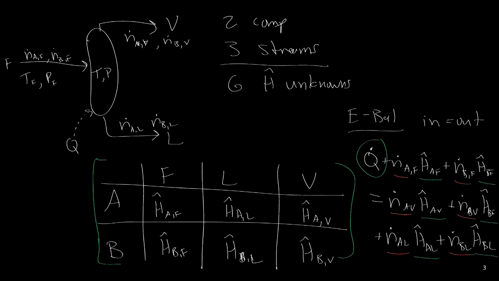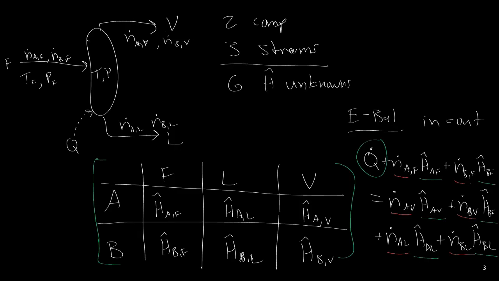For the flash separation, I generally like to define the reference state as the liquid stream, the liquid or bottoms stream. And I'll briefly comment as to why that's the case.